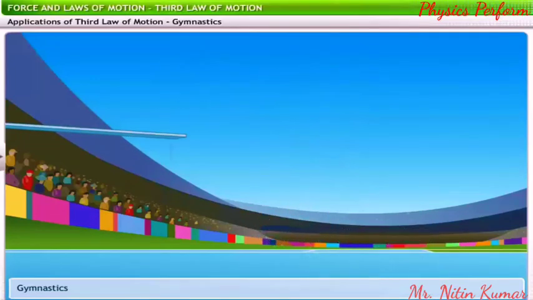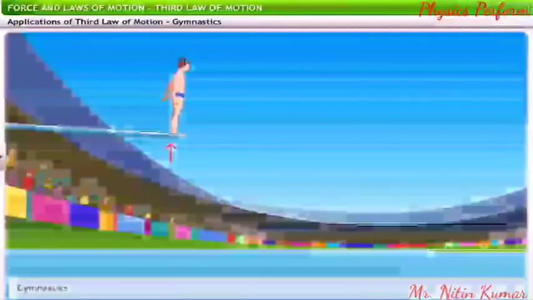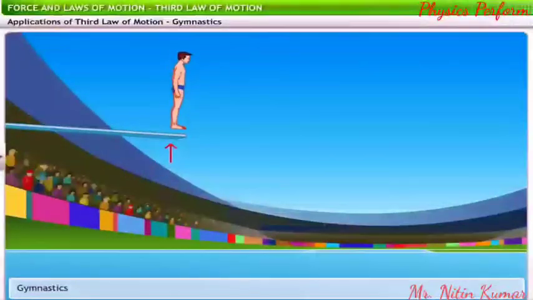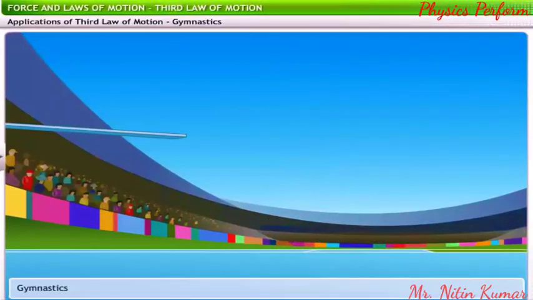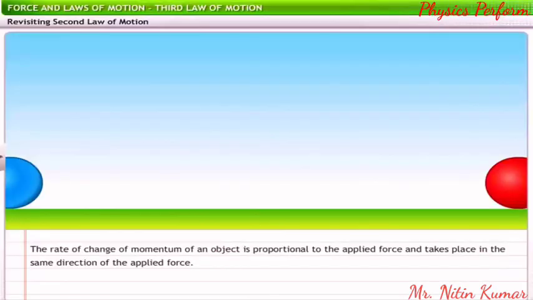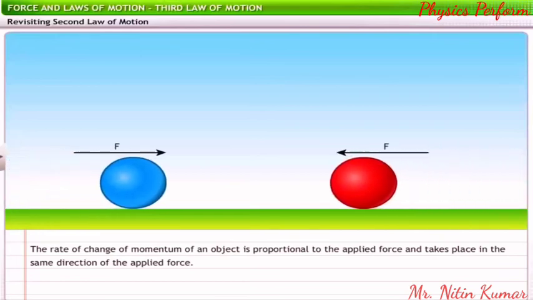The hopping action pushes the board down. When the board is released, it pushes the gymnast up in reaction. The reactive force enables the gymnast to jump higher. This shows that every action force is matched with the reaction force, which is equal in magnitude and opposite in direction.